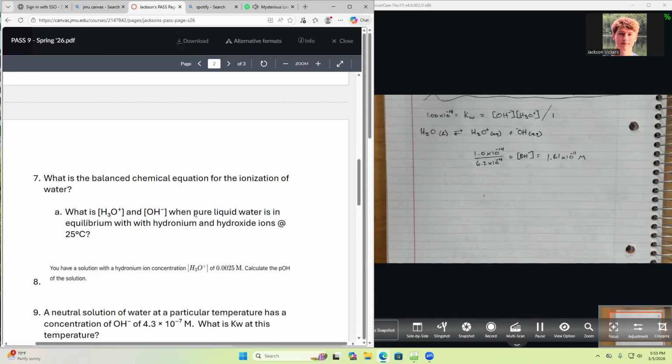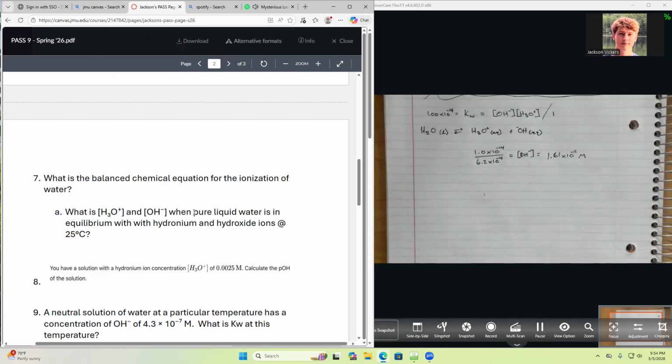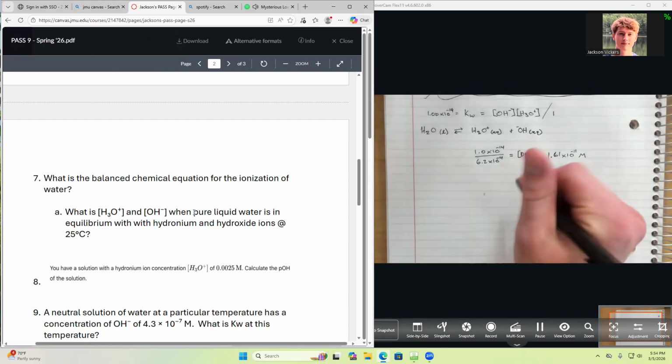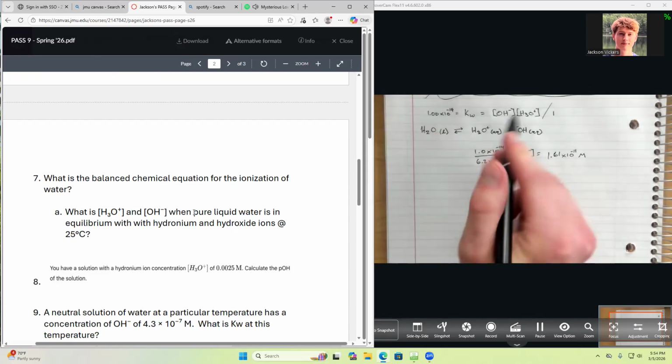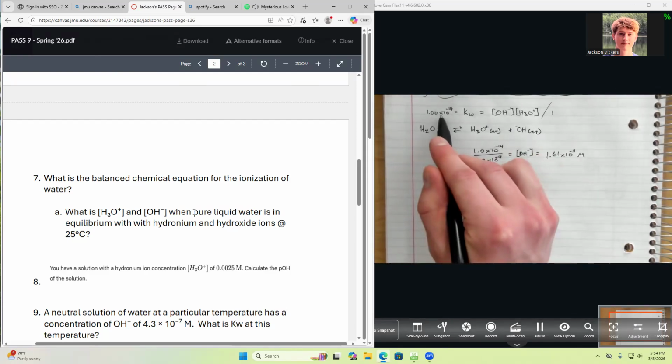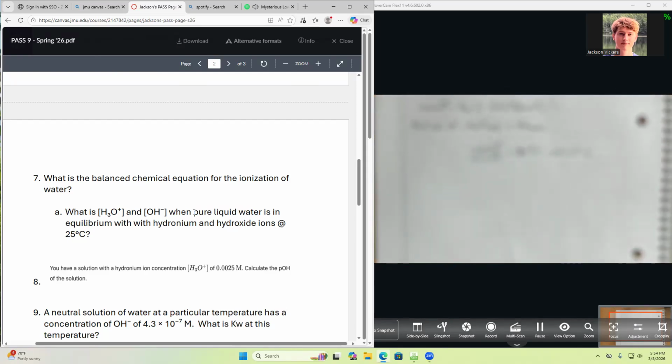And pure liquid water, I should probably say neutral pure liquid water because I'm trying to stress that we're at pH of 7. The answer for this one is at pH 7, we have equal concentrations of both hydronium and hydroxide. So if it's this times this equals that, they both need to be 1 times 10 to the minus 7. Does that make sense? I don't need to go in depth on that one.